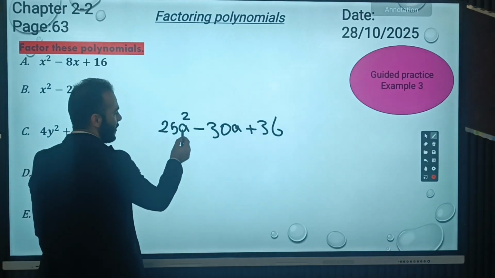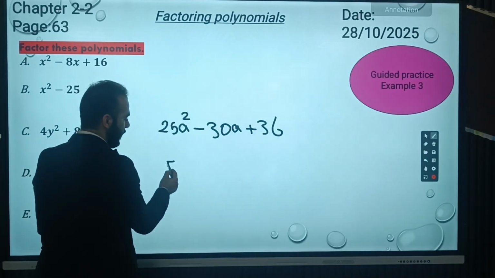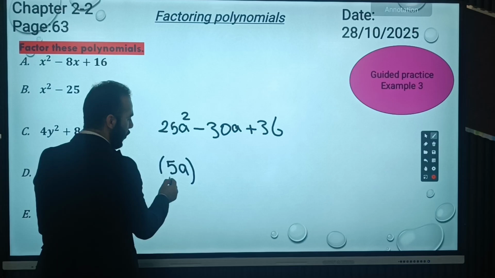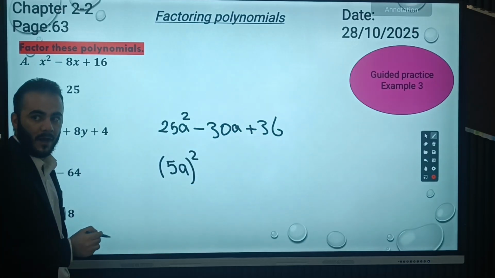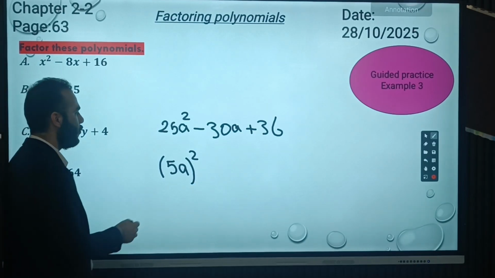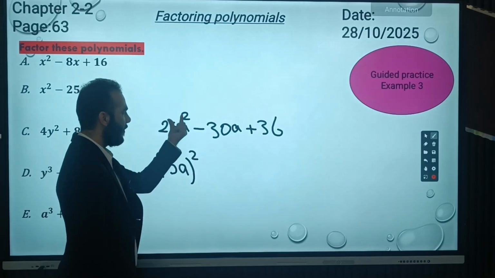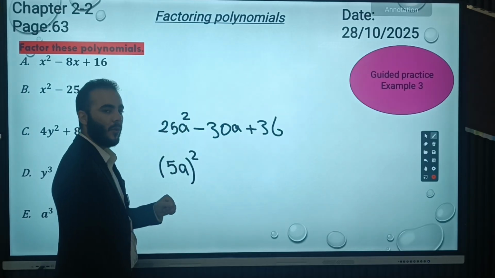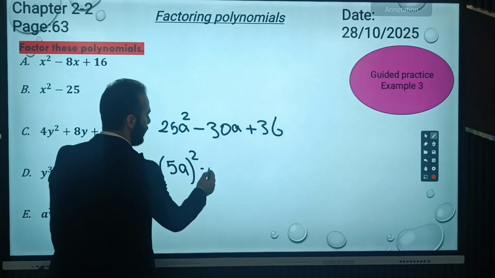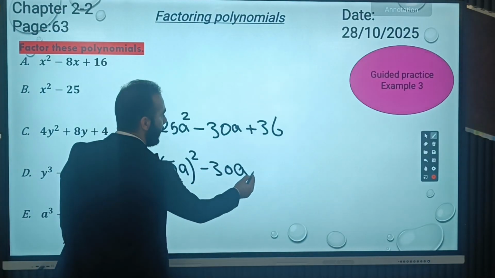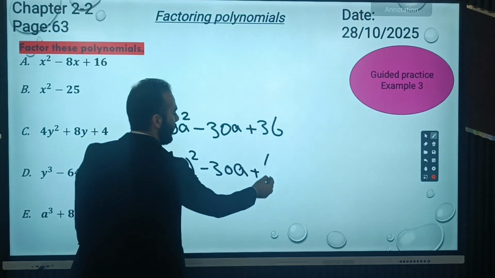So here, instead of 25a squared, I can write 5a all powered by 2, because 5 squared is 25, a squared is a squared. Minus 30a plus, instead of 36, I will write 6 squared.